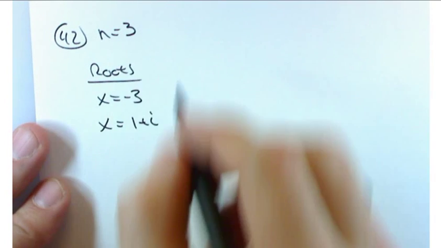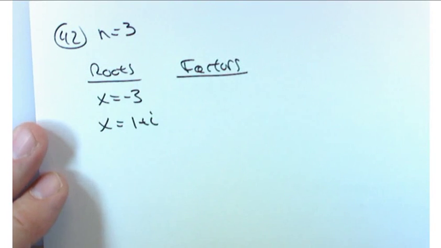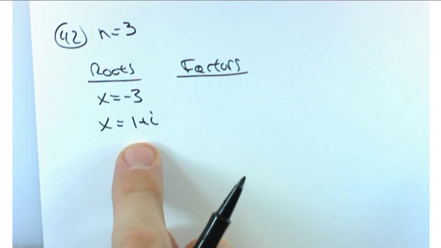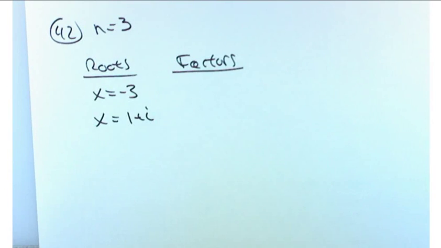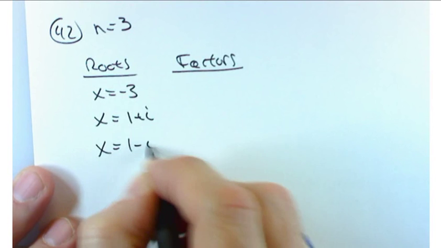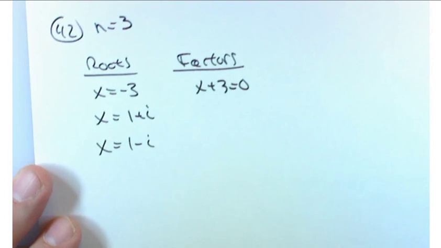I also want the factors. Well, let's pause for a second. I've got a root at 1 plus i. Where's the other root? 1 minus i. Good, so x equals 1 minus i. Now the factors would be x plus 3 equals 0.